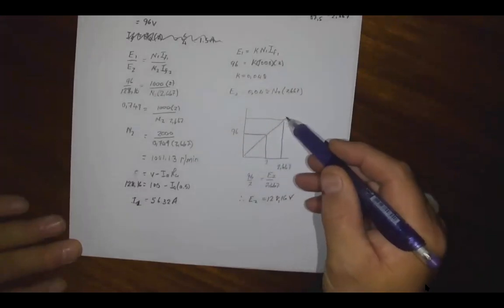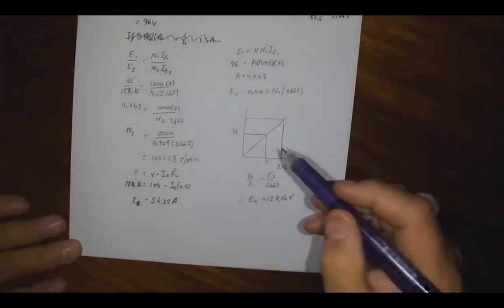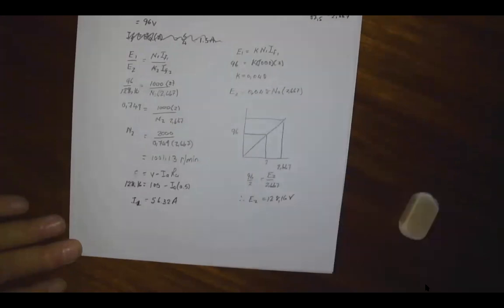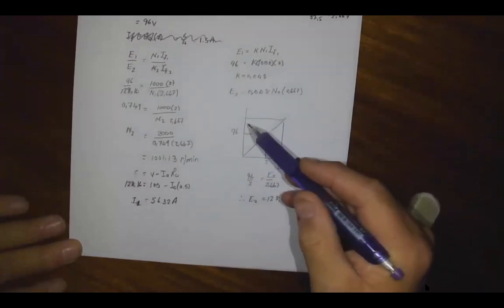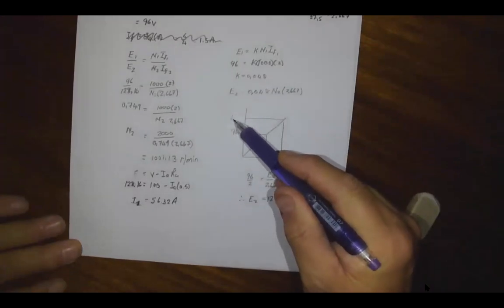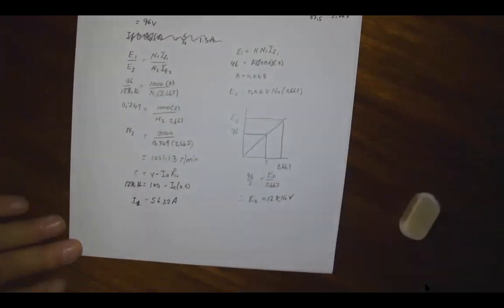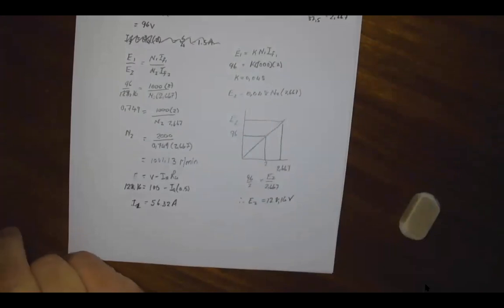It is a straight line. So now we have a ratio that we can say 96/2 is the same as E2/2.667. That is a graphical solution. Okay, sir.